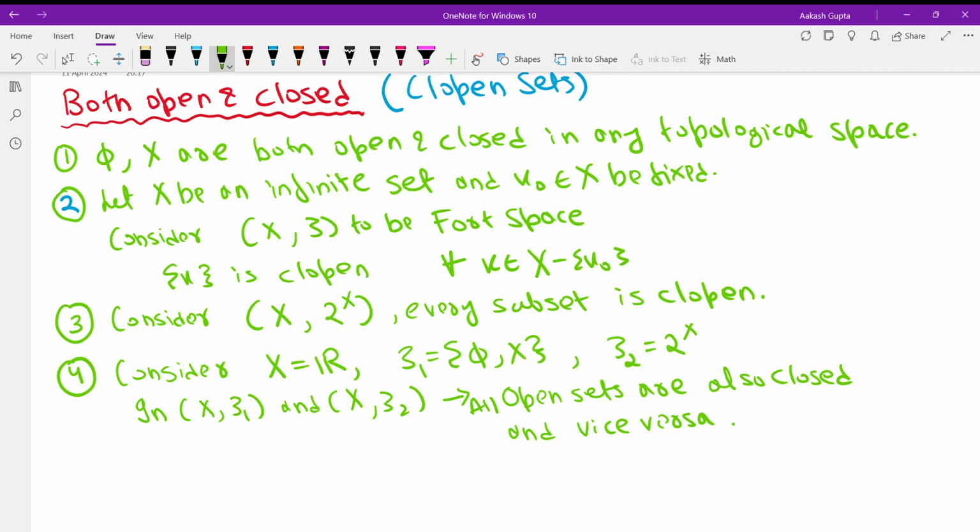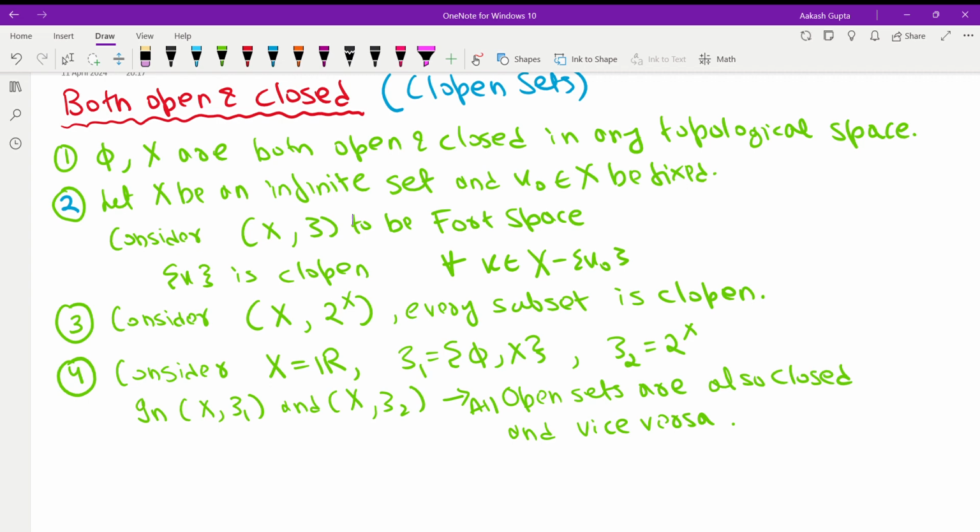Because in tau 1 you have just two open sets, phi and X. What is the complement of phi? That is X, which is in the topology, so it means phi is closed, right? Similarly, X is also closed, and in the discrete space, of course, we have mentioned above, right?